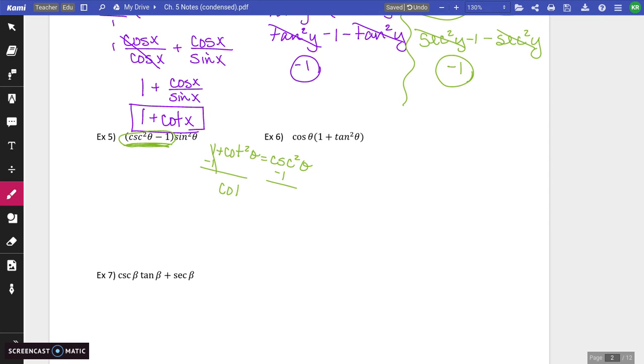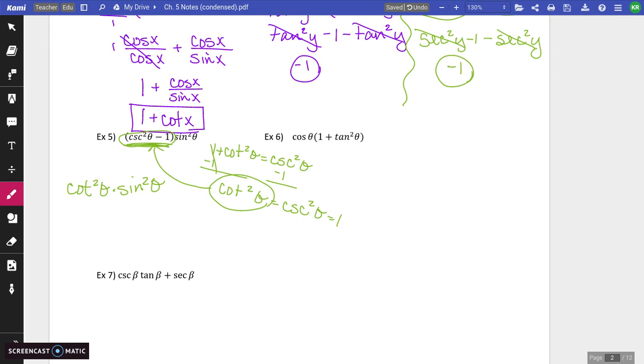And I get cotangent squared theta equals cosecant squared theta minus 1. So I can make a substitution for cotangent squared. I'm going to go cotangent squared theta and then times sine squared theta. That looks better.